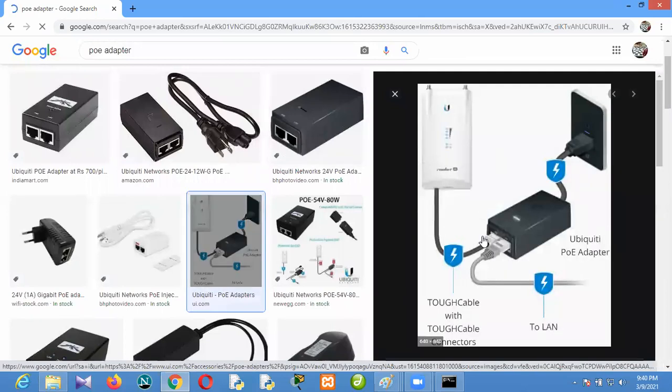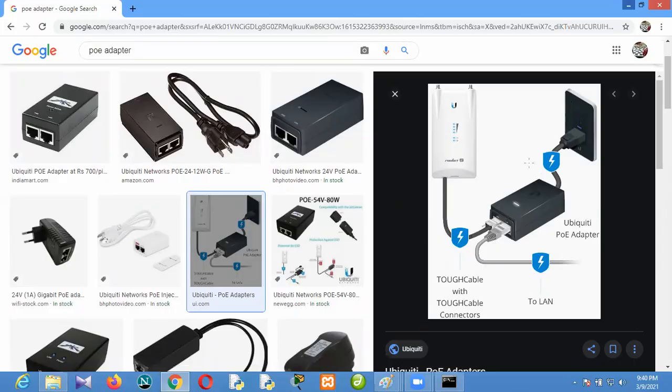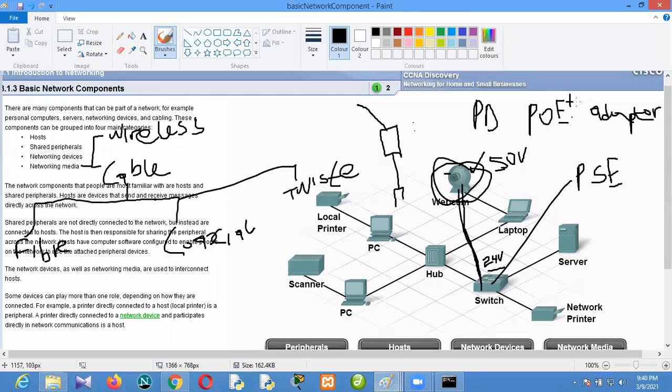One end goes to the radio, then one end goes to the switch, and it is powered somewhere. So when data is coming from the switch, it enters here and passes through here with power. So most of the technologies that are using PoE plus use that adapter. PoE plus and even PoE plus plus. So you just take your time to read up that.